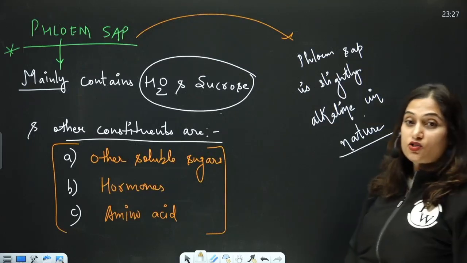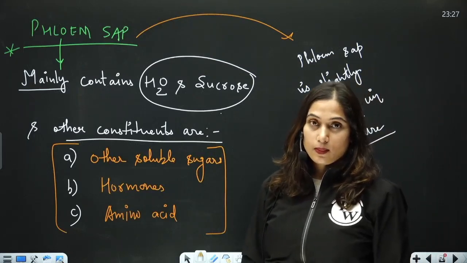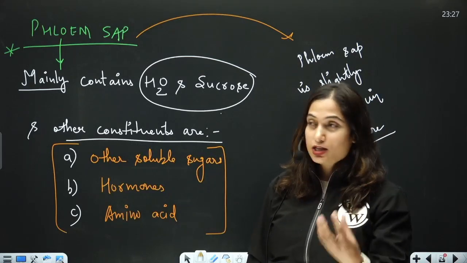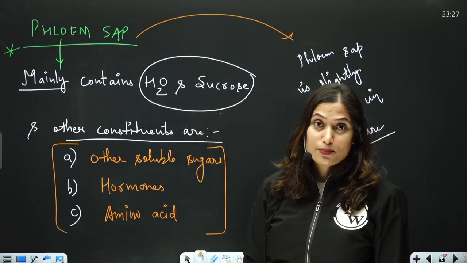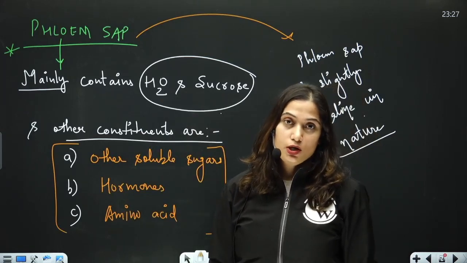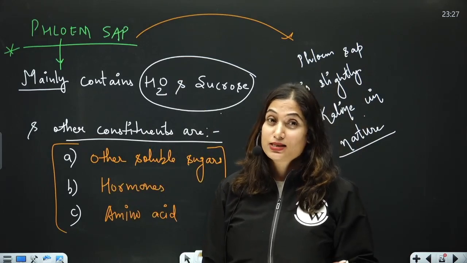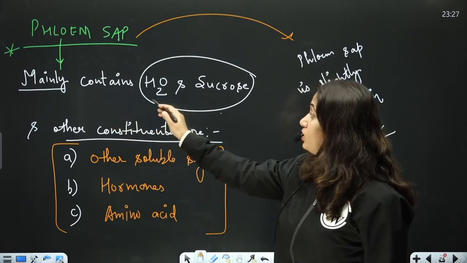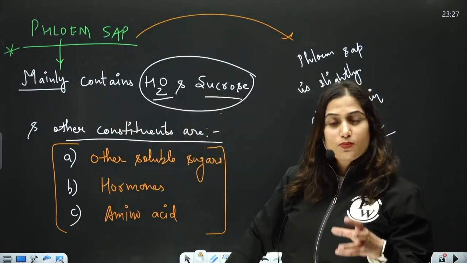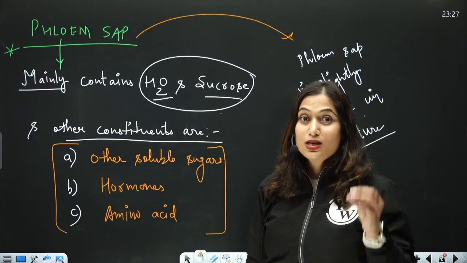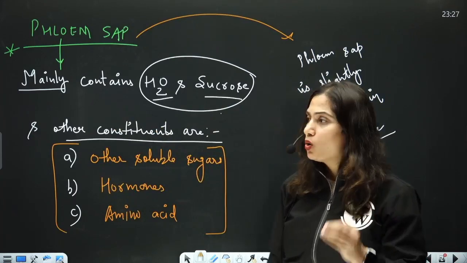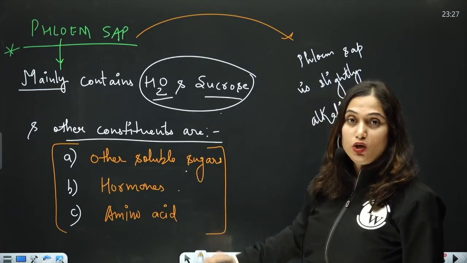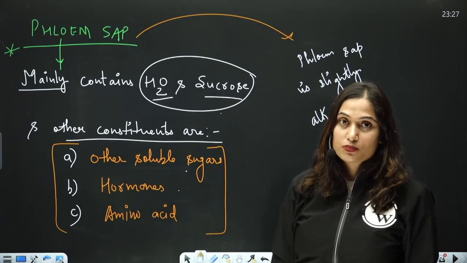So what actually gets translocated through phloem? The mixture, the solution which is present in the phloem is called phloem sap. Now, what is the constitution of phloem sap? That makes an important question. The main constitution of phloem sap is water and sucrose. But along with it, other soluble sugars, hormones and amino acids are also present in phloem sap.